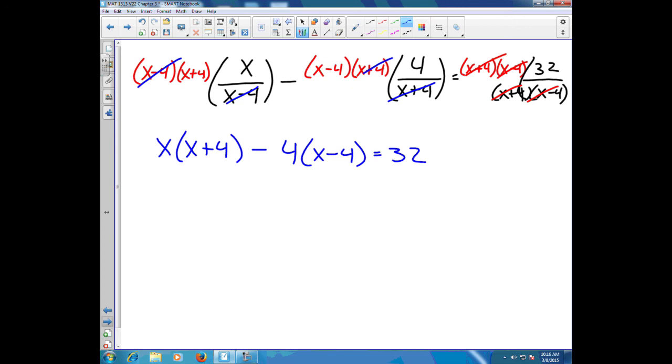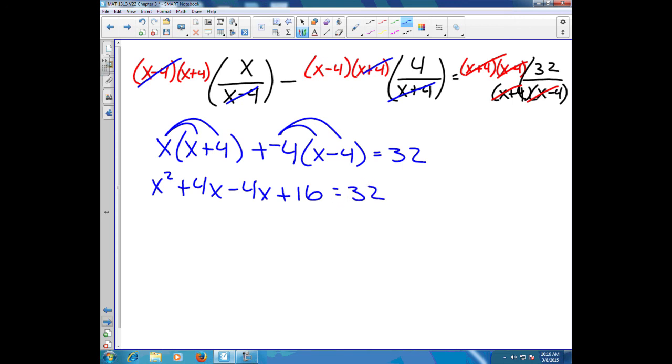And so now we want to simplify this by distributing. We get x squared plus 4x. We're then going to distribute the negative 4. And so minus 4x plus 16 equals 32. 4x minus 4x then adds to 0. And so those terms go away.